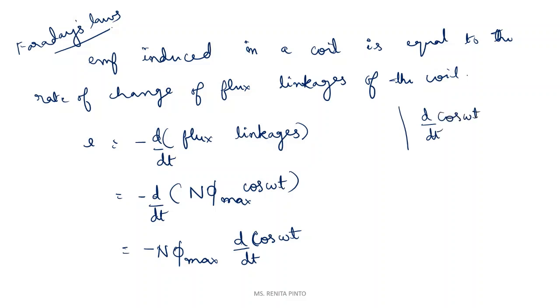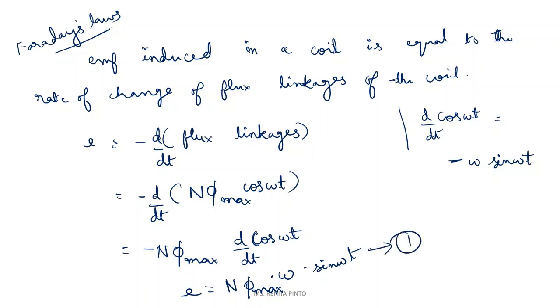It is minus omega into sine omega t. Substituting that, minus n into phi max into minus omega into sine omega t. Since minus into minus will be plus, it is n into phi max into omega into sine omega t. So this is the EMF induced. Let me mark it as equation 1.